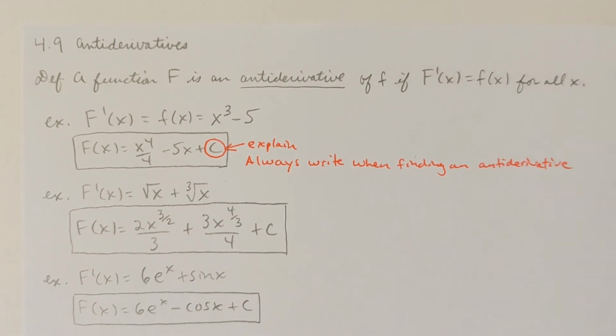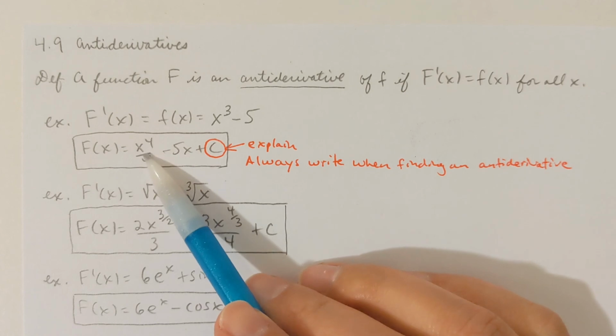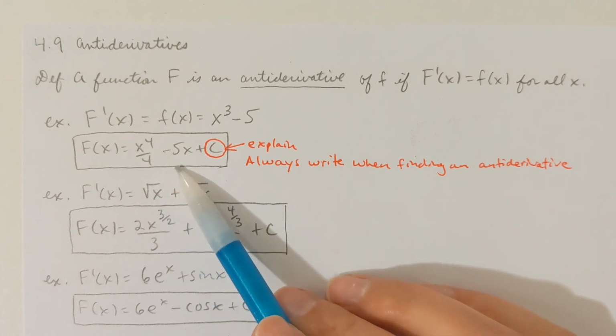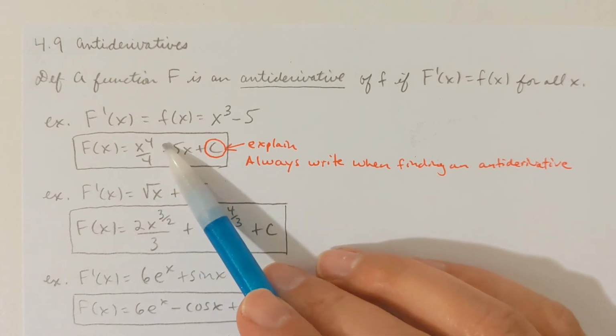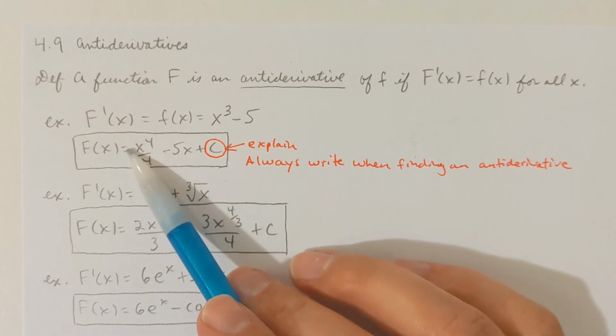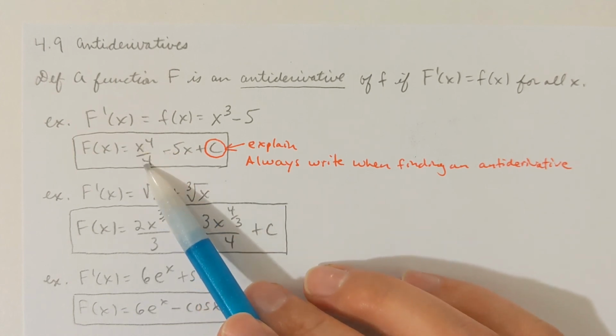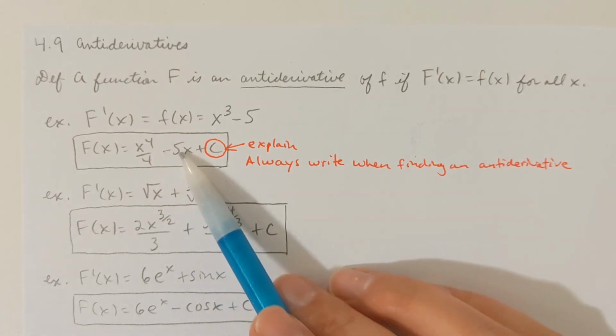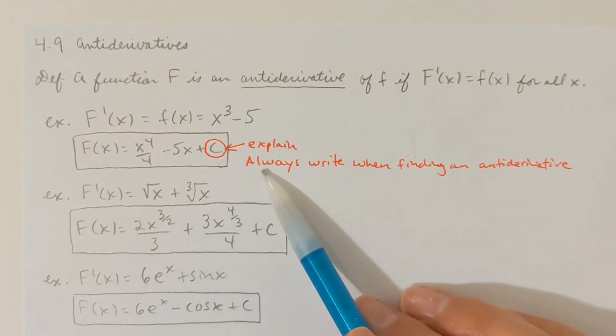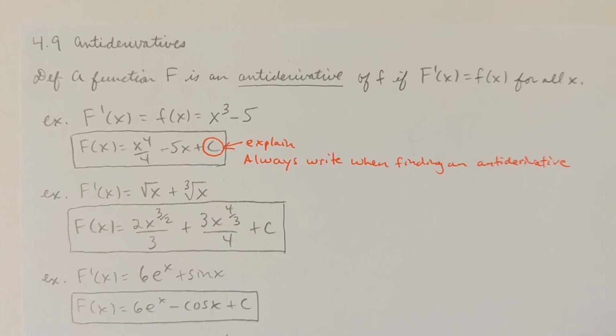In this case, if I were to differentiate 1/4 x to the fourth minus 5x plus a constant, I'd use the power rule. The 4 would come down, it's going to cancel with the 4 underneath, and you'll have x cubed minus 5 plus 0.